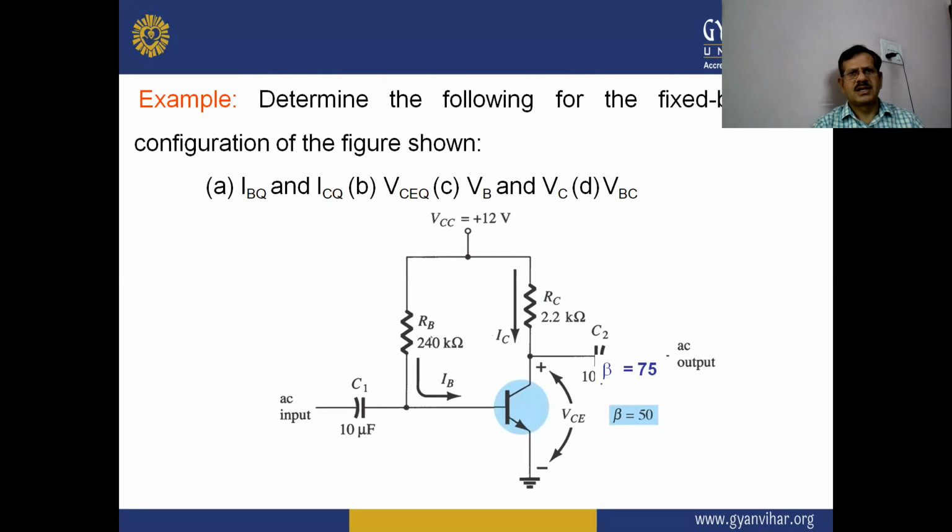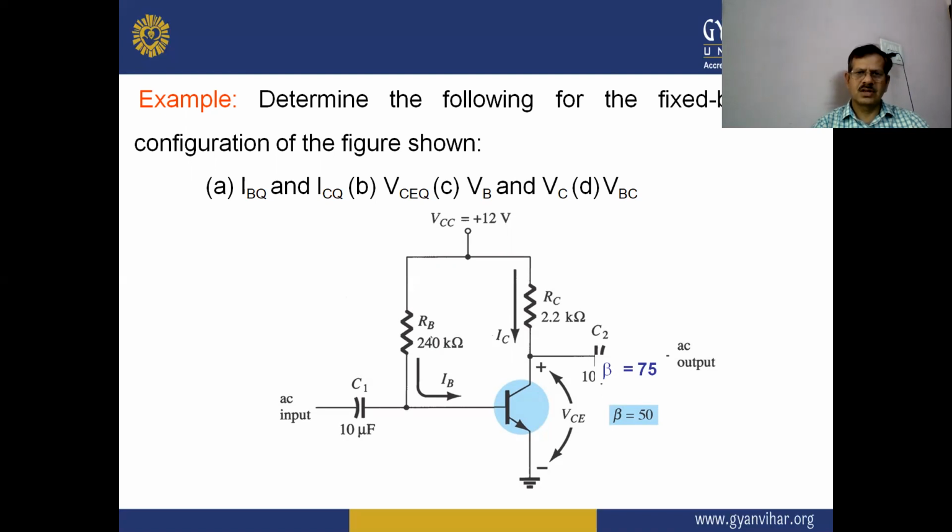For example, determine the following for the fixed bias configuration of the figure shown. So here a figure is shown, we can determine the fixed bias configuration. First is to find out IBQ and ICQ. Second is the VCEQ, third is the VB and VC, and fourth is the VC. With the help of this circuit, we can find out these parameters.